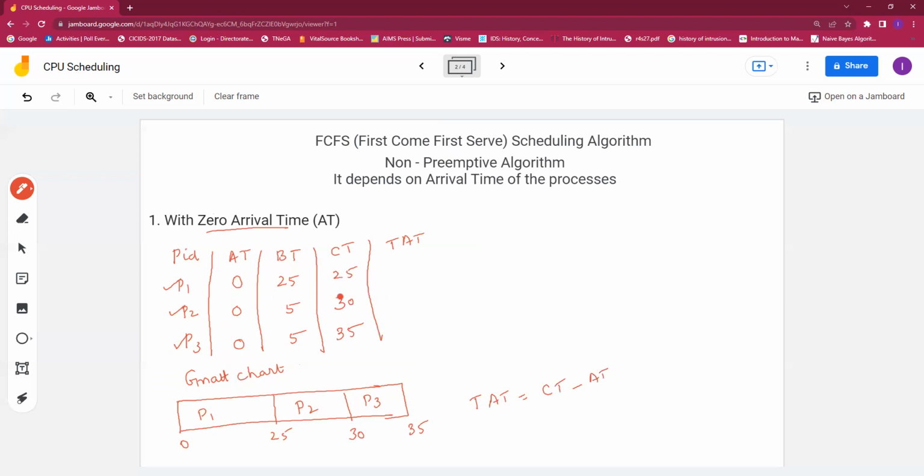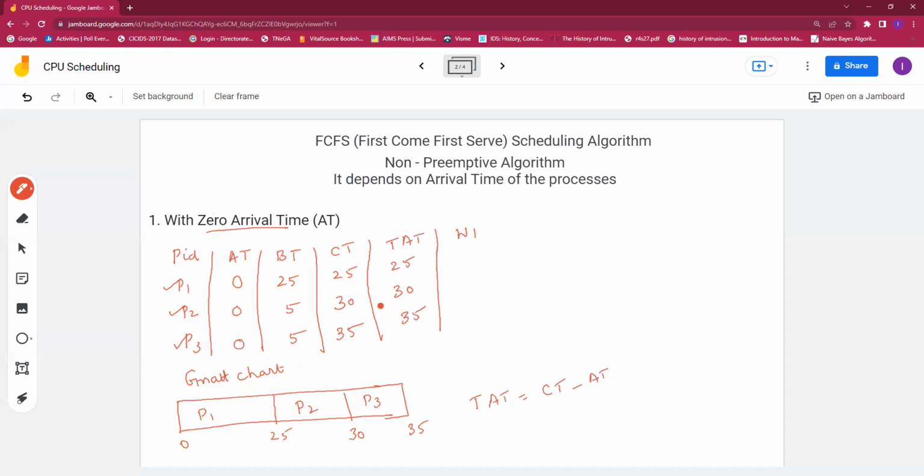So your completion times are 25, 30, 35, and your turnaround time will also be the same because your arrival time is 0. CT minus AT, 25 minus 0, so the turnaround time for process P1 is 25. For process P2, it is 30 minus 0, it is 30 once again. 35 minus 0, it is 35. So turnaround time is over.